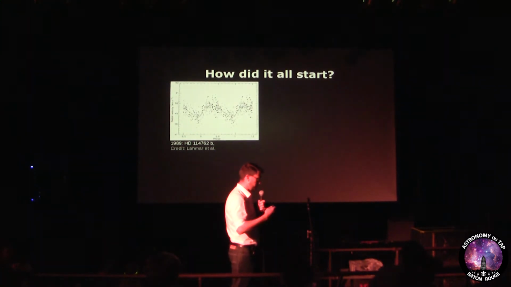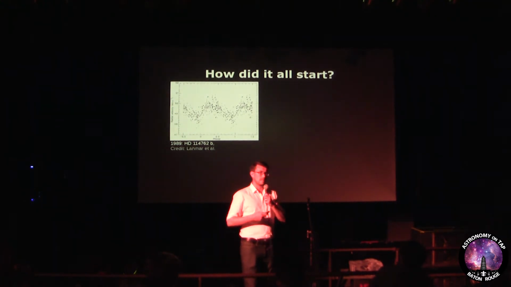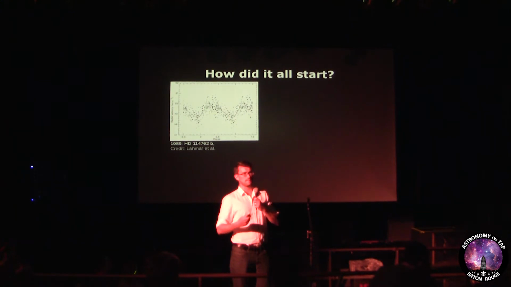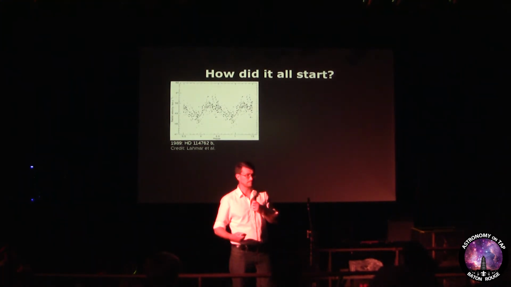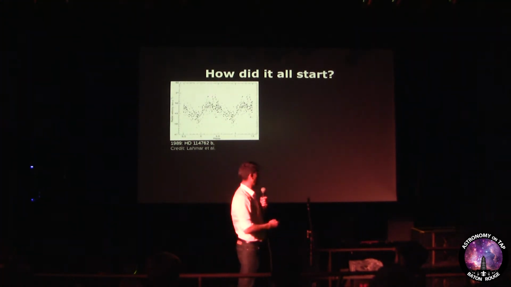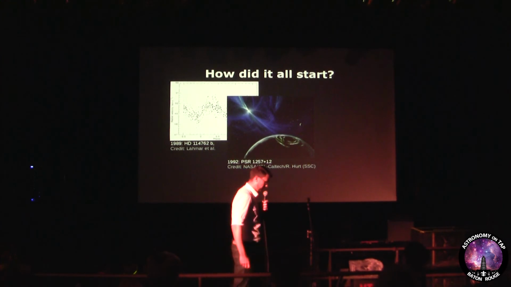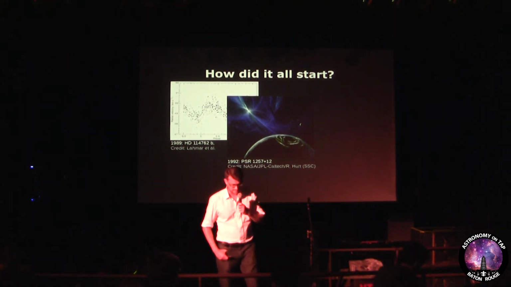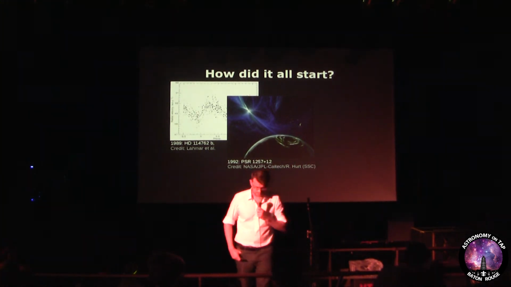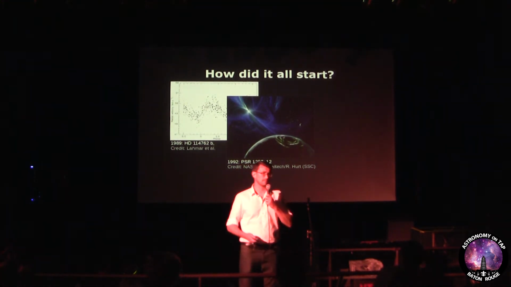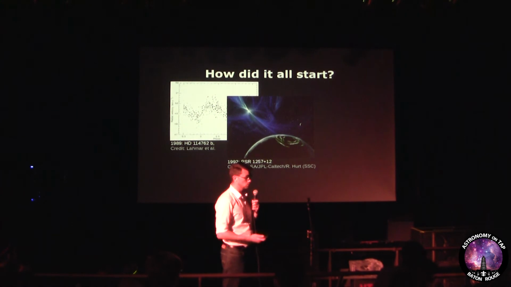And these periodic changes can be interpreted by an object which has a mass of around 11 times that of Jupiter orbiting the star. So it's quite massive. And they didn't call it an exoplanet at this time. Then nothing really happened, and 3 years later, in 1992, researchers found 3 Earth-mass-like planets around a pulsar.